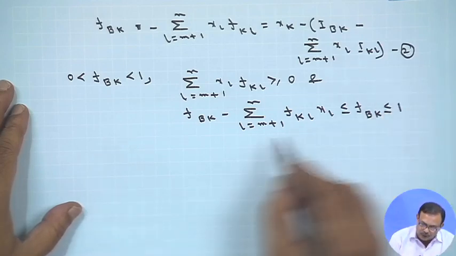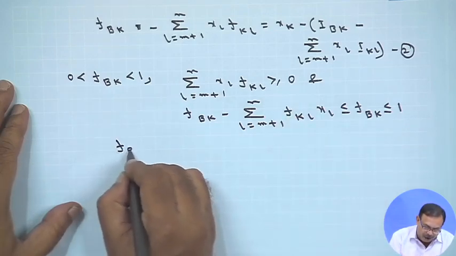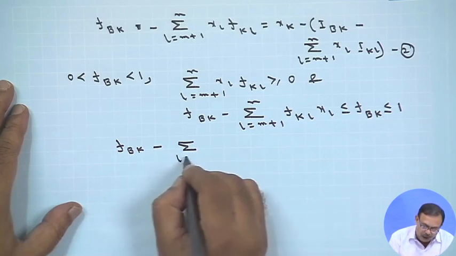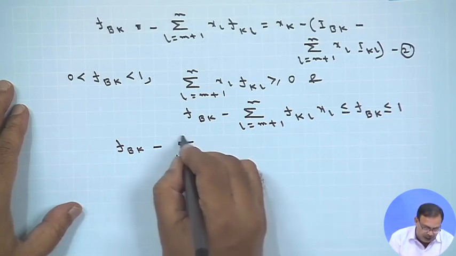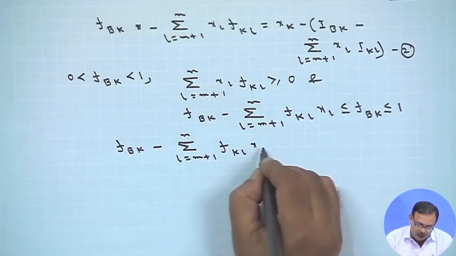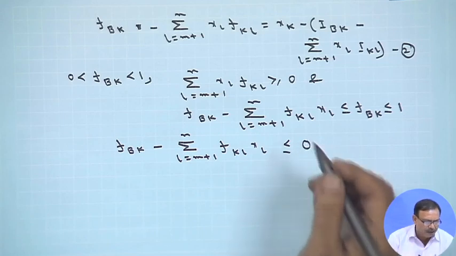So, using these two conditions, we can write f of BK minus summation L equals m plus 1 to n f of KL into XL should be less than or equal to 0.